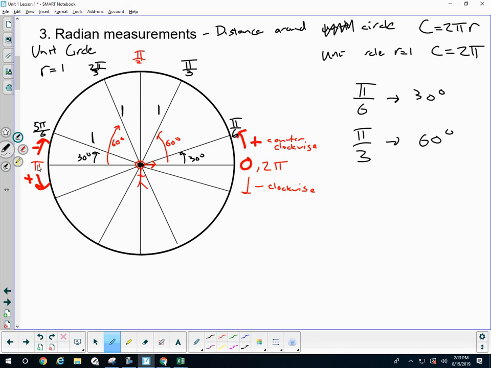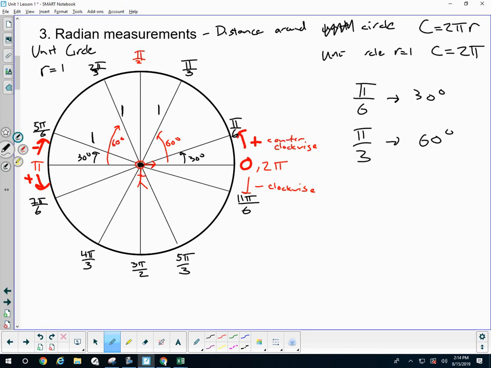Add another pi over 6, 6 pi over 6 plus pi over 6, 7 pi over 6. Keep adding, 8 pi over 6. 9 pi over 6 simplifies to 3 pi over 2. 10 pi over 6 simplifies to 5 pi over 3. 11 pi over 6 does not simplify.